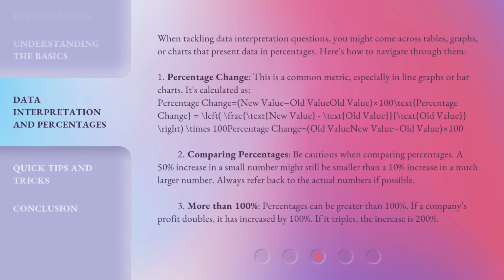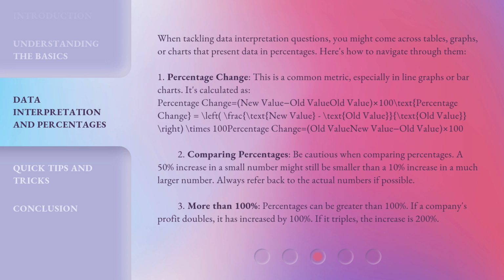When tackling data interpretation questions, you might come across tables, graphs, or charts that present data in percentages. Here's how to navigate through them. 1. Percentage change. This is a common metric, especially in line graphs or bar charts.